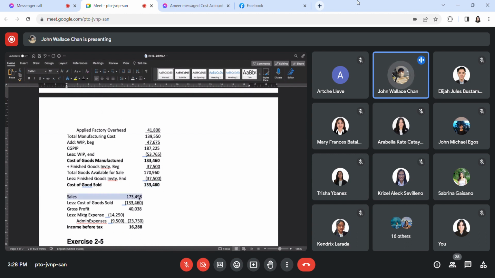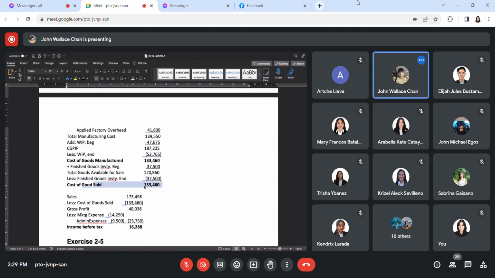So to get our net income, we have to start first with our sales. Since we sold the goods with a markup price of 130%, so we had the gross profit rate of 30%.